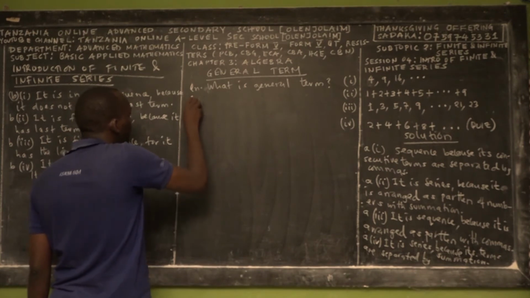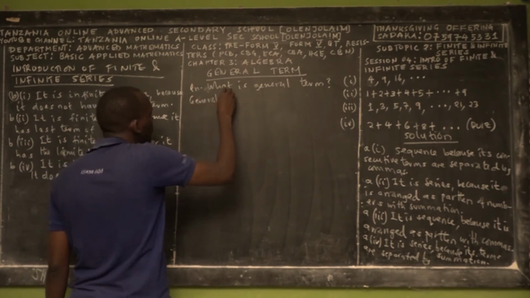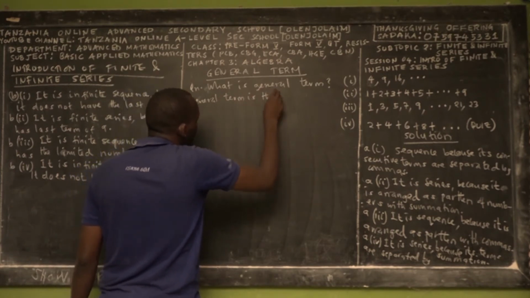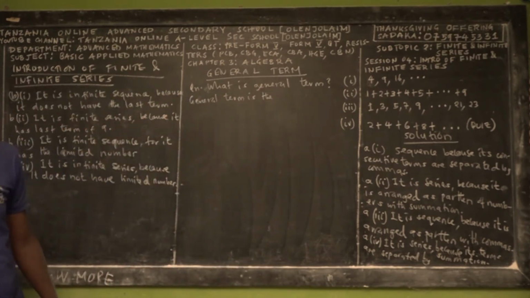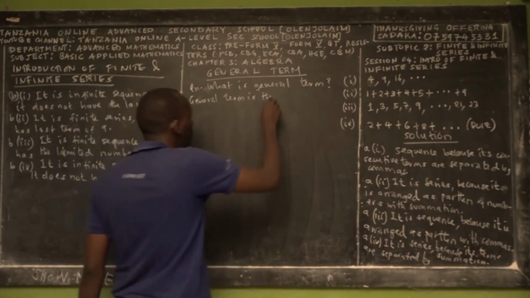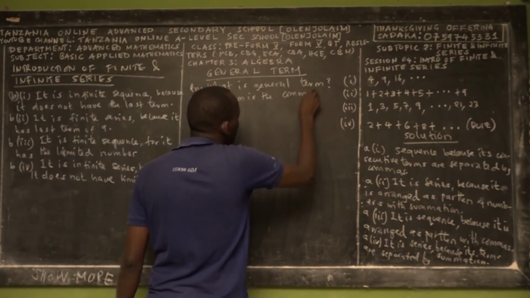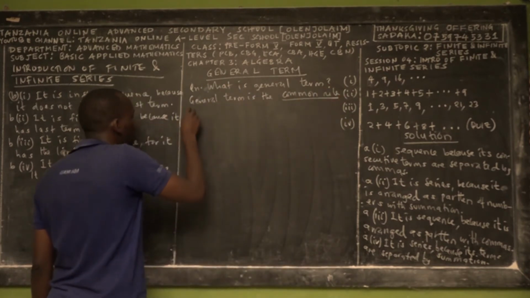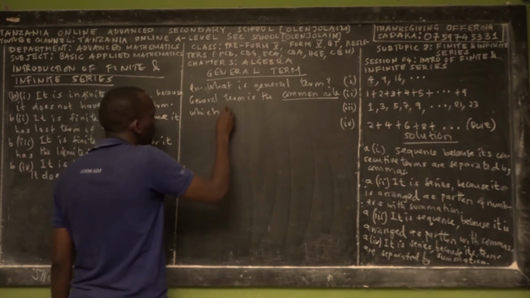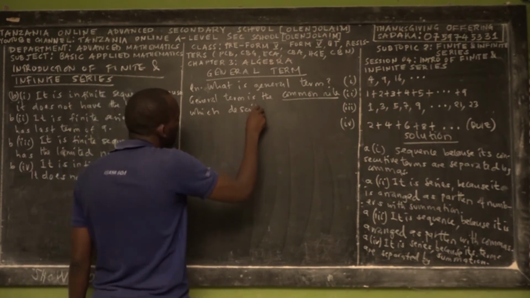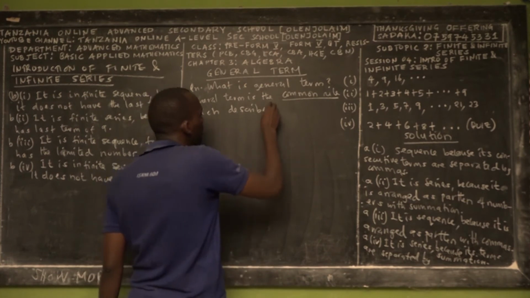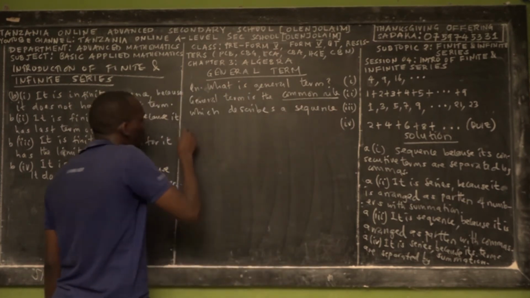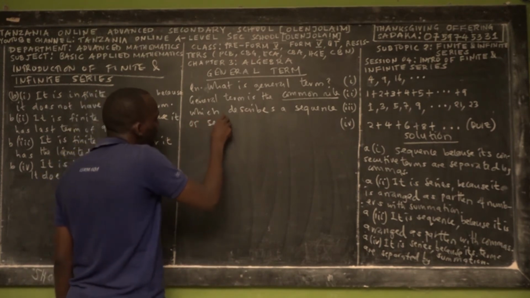We say that a general term is a common rule which describes a sequence or a series.